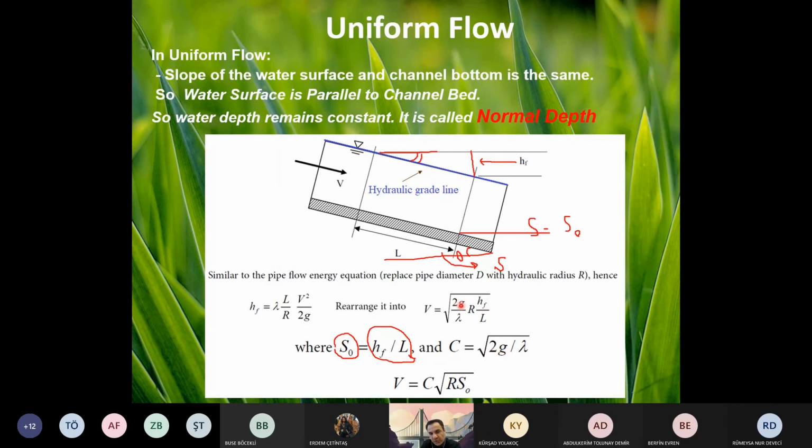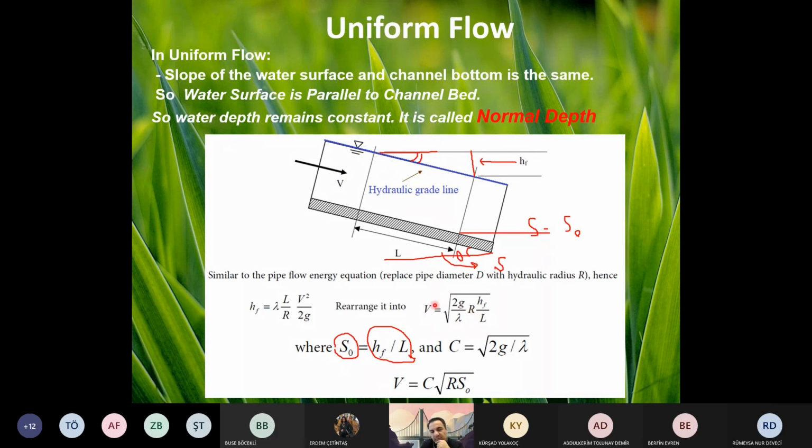I have 2G over lambda here. So instead of 2G over lambda, I'm writing C, and instead of HF over L, I'm writing S0. I have also R.